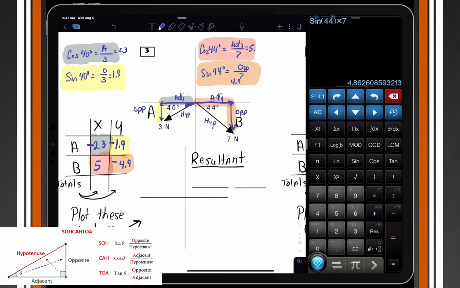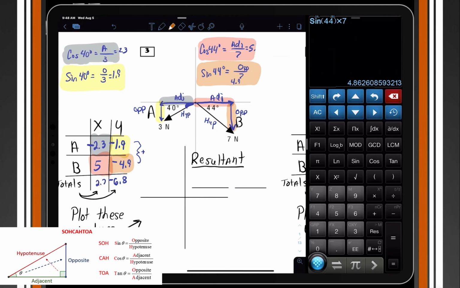Now we're ready to add these two values up. When we add those two values up, you come up with a 6.8. Now that is a negative value. Then we go over to the other side. When we add those two up together, you get a 2.7 for it.